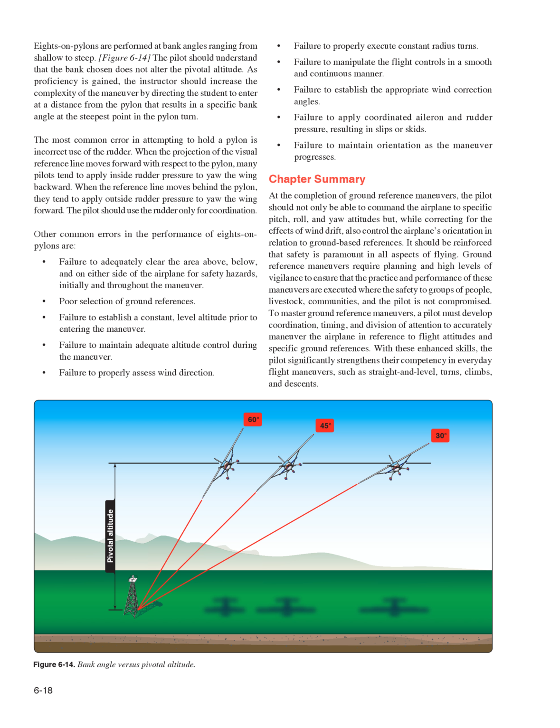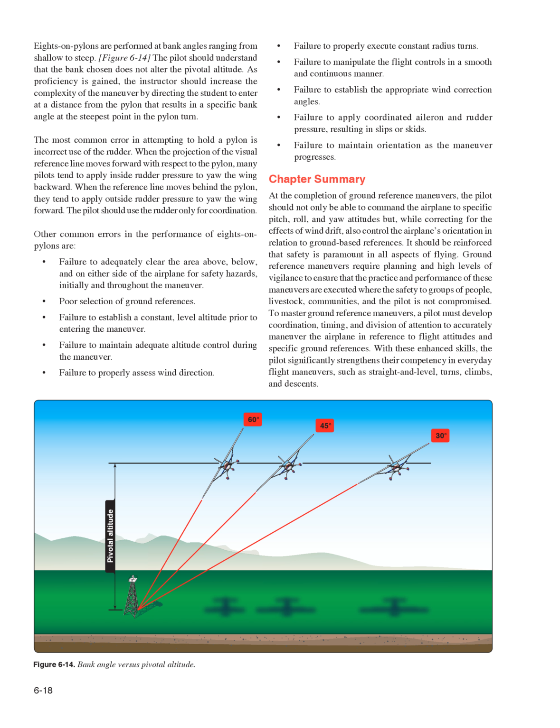Other common errors in the performance of eights on pylons are failure to adequately clear the area above, below, and on either side of the airplane for safety hazards, initially and throughout the maneuver. Poor selection of ground references. Failure to establish a constant, level altitude prior to entering the maneuver. Failure to maintain adequate altitude control during the maneuver.